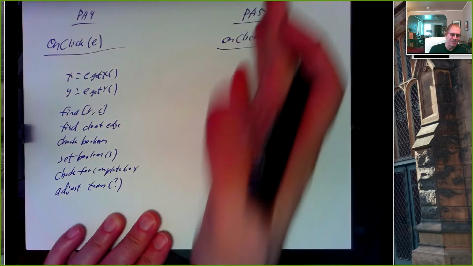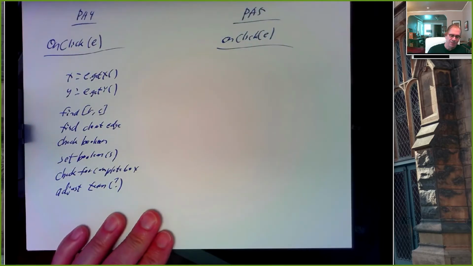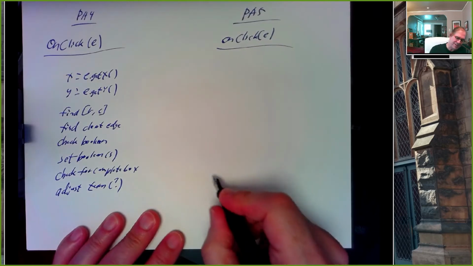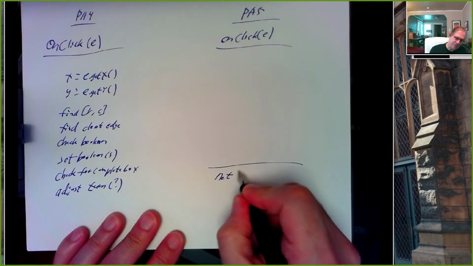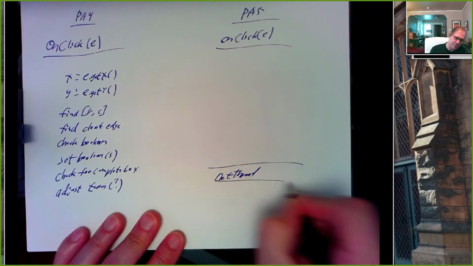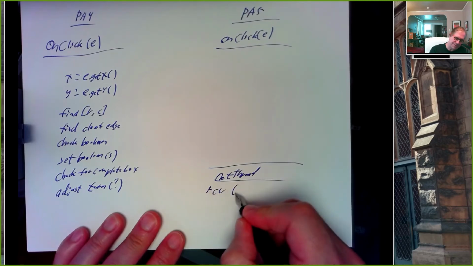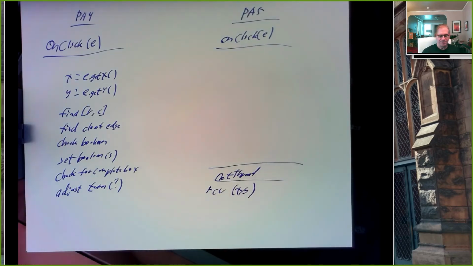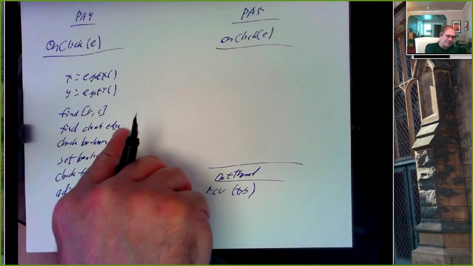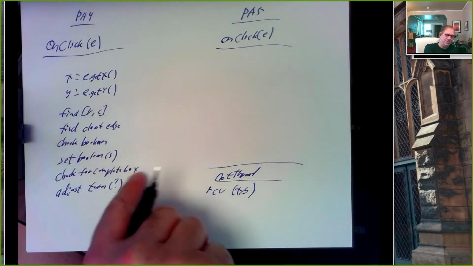So that part of PA5 is going to be the same, but we're also in PA5 going to have this separate thread, which I'm calling net thread, which says receive x comma y. And what happens in our net thread when we receive xy coordinates from the other player? We figure out what row and column, find the closest edge, check the boolean, set the booleans, etc., etc.